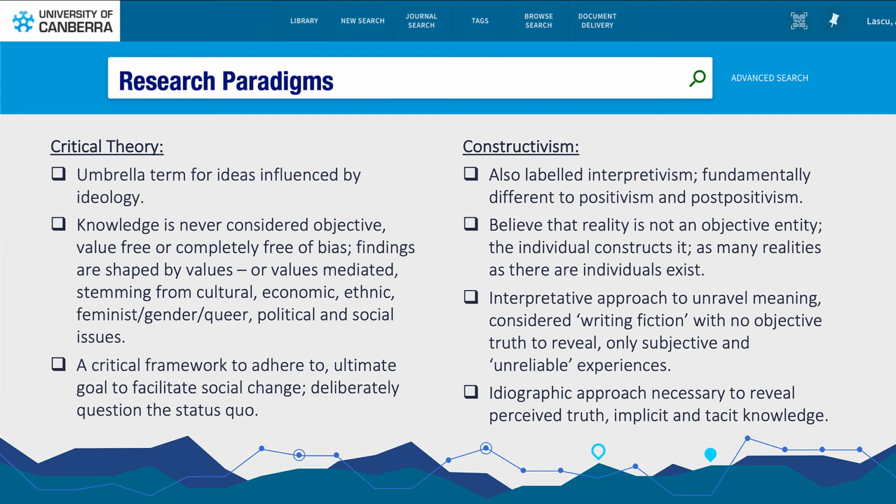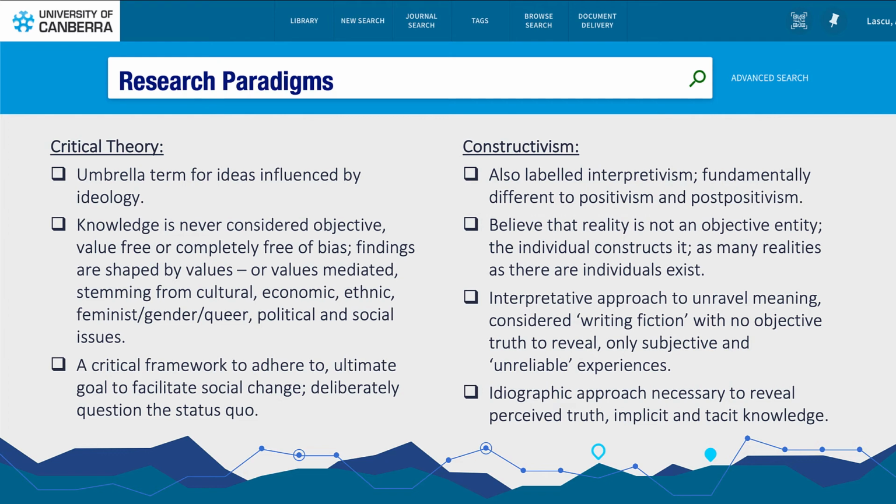Critical theory is actually an umbrella term for ideas influenced by ideology. Its knowledge is never considered objective, value-free, or completely free of bias. Its findings are shaped by values, or values mediated, stemming from cultural, economic, ethnic, feminist, gender or queer, political and social issues.